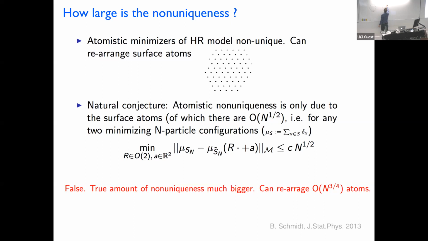This is n to the 1/2 particles I've changed. But then what's the size of my hole? The size of my hole is the following. This is n to the 1/4, and this is also n to the 1/4. So I've got a hole of size n to the 1/4 times n to the 1/4.